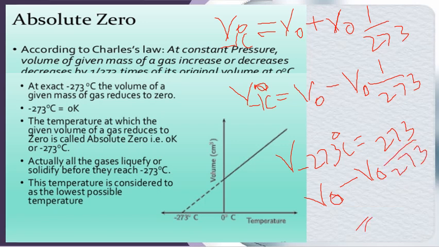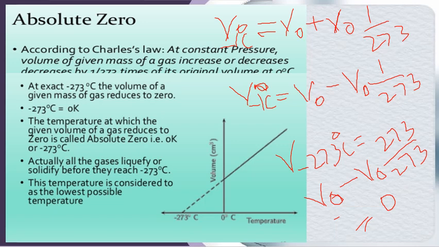If we calculate it by taking the V naught common, it will give you the value of 0. Means the volume becomes negligible or 0 when the temperature is decreased up to minus 273 degrees. Right? So this temperature at which the volume becomes 0 is called absolute 0.